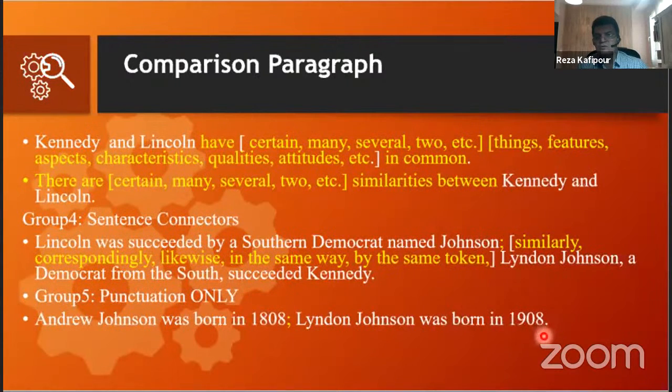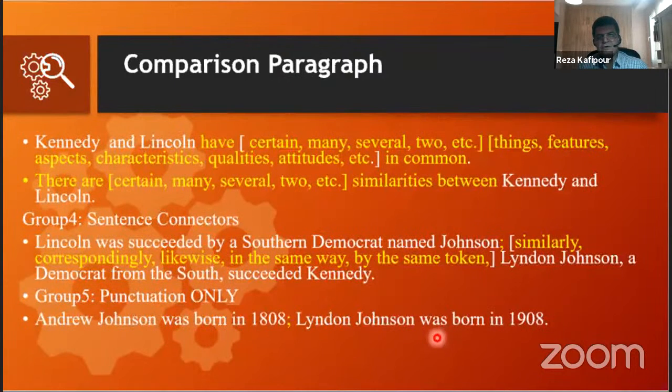So it refers to the common part in the year. So 08 in the second one and 08 in the first one refer to the decade. So it shows we are comparing these persons based on the decade they were born in.